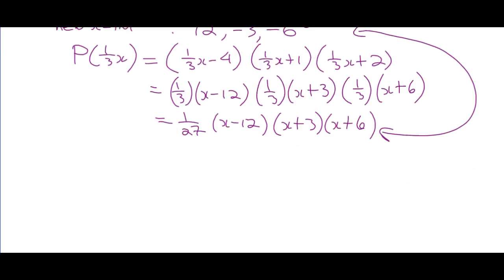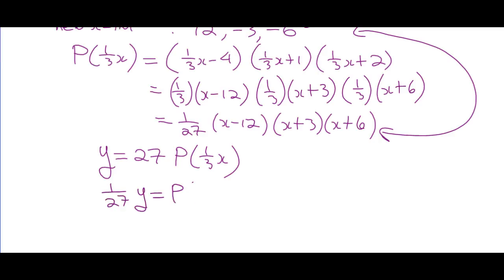But what have we got here? If we just went to the intercepts first, y equals x minus 12, x plus 3, and x plus 6, we would have to multiply by 27, right? So to get this back, we're going to go multiplying through by 27 to get rid of this, and go y is equal to 27 times p of 1/3 x, and then read that as the vertical stretch of 27, or rewrite this to be 1/27th y is equal to p of 1/3 x.